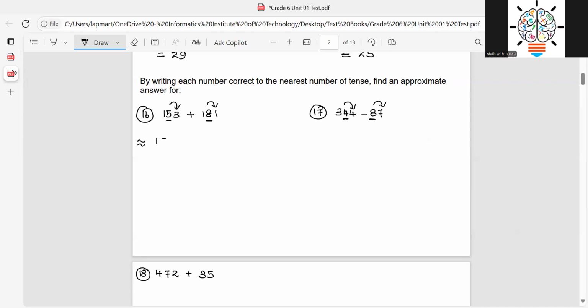This is approximately equal to 150 and this is equal to 180. So then when you add them together, 150 and 180, what will be the answer? 330. So that is equal to 33 multiplied by 10. So then your answer will be 33 tens.